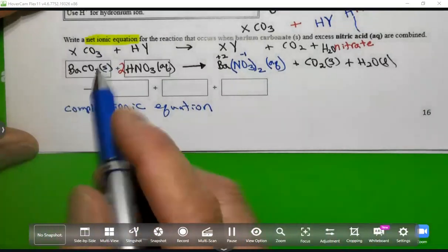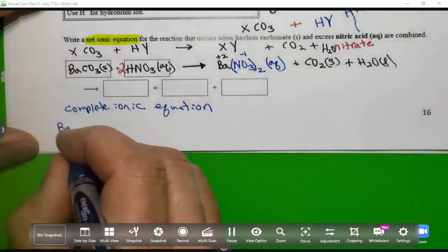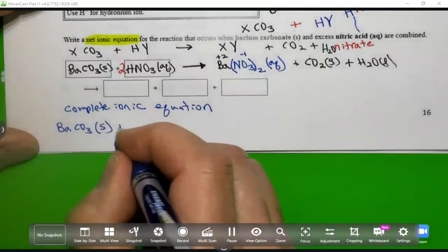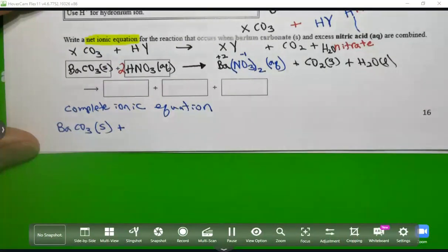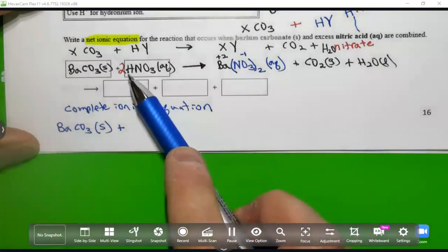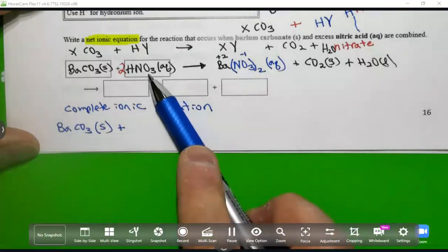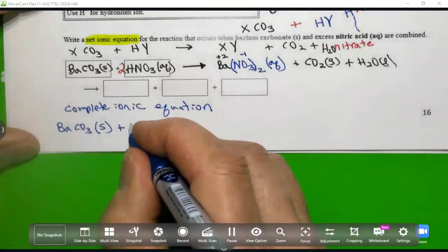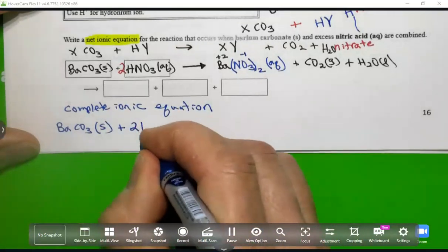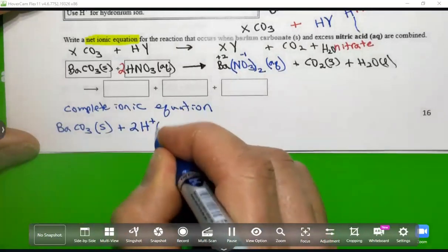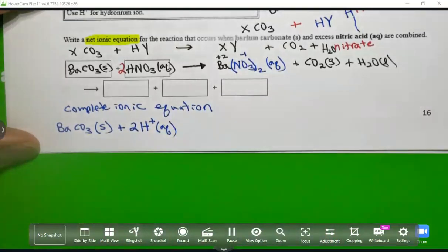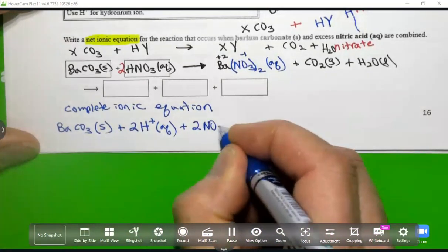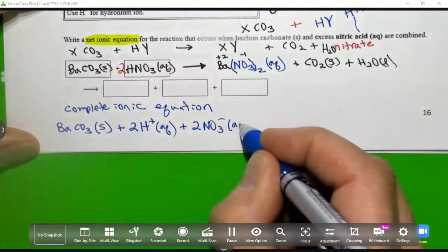So this is a solid. It's going to stay together. This HNO3, what Al does is it's going to split this up into 2 H plus aqueous plus 2 NO3 minus aqueous.